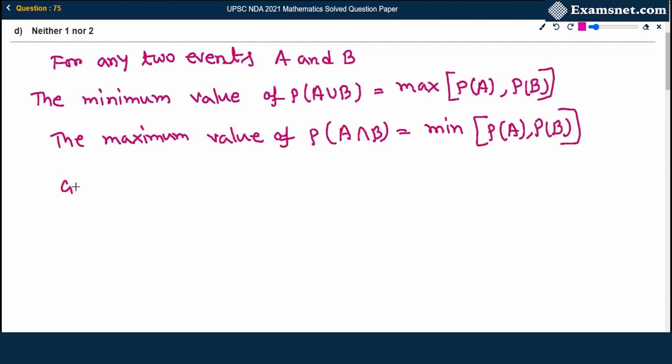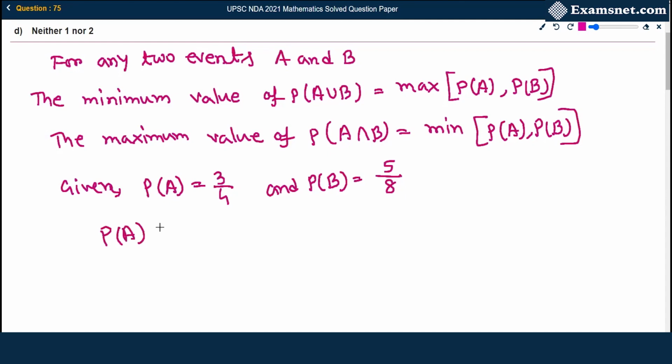So it's given that probability of A equals 3/4 and probability of B equals 5/8. According to this, if we compare these two fractions, we can easily say that probability of A is greater than probability of B, right?